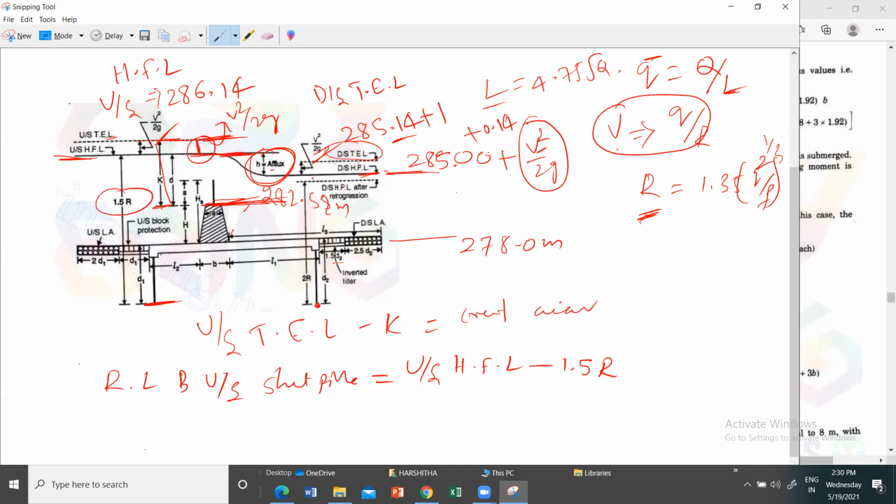That is the reduced level of the bottom of the upstream side sheet pile.